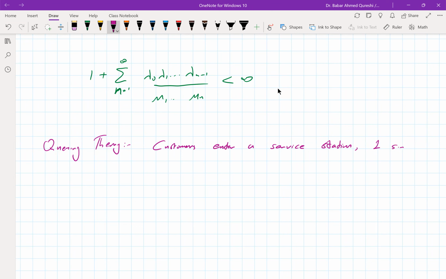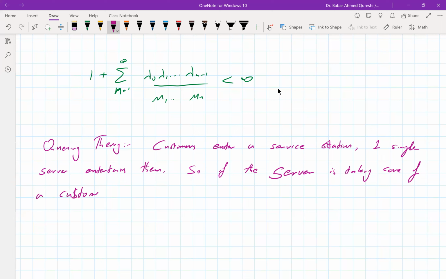One single server entertains them. So if the server is taking care of a customer, the new arrivals get into a queue.